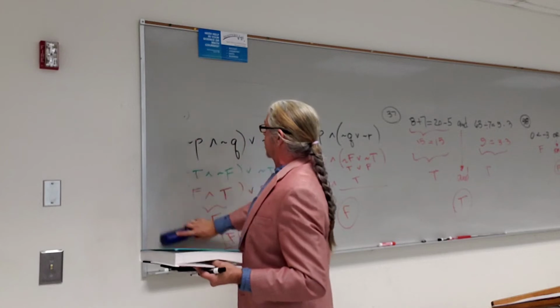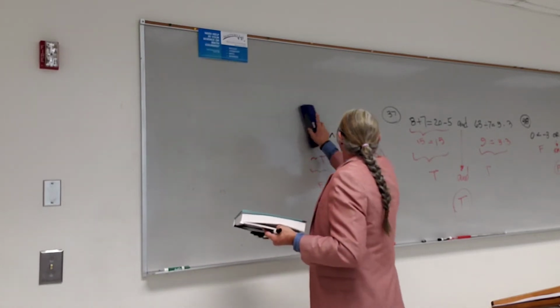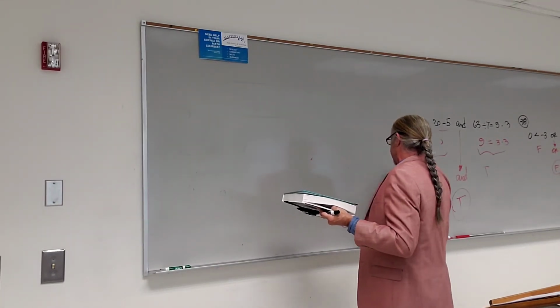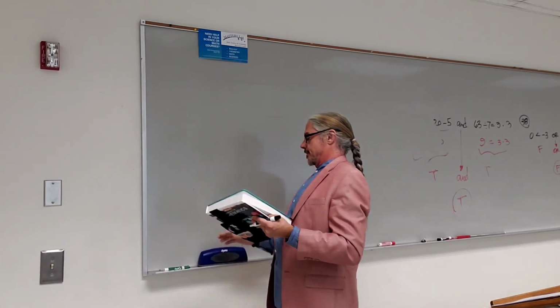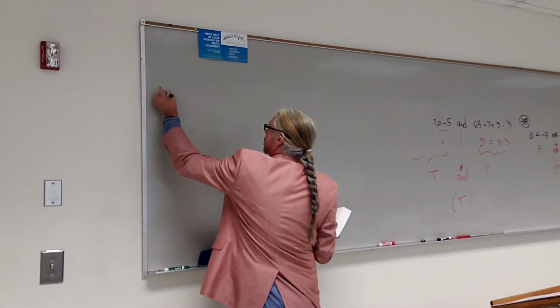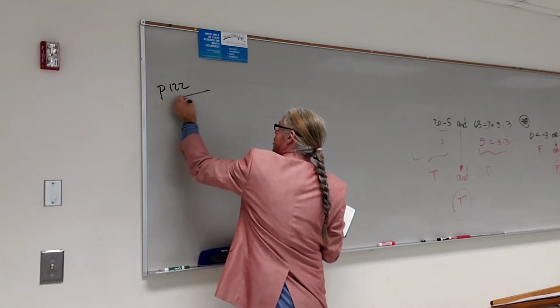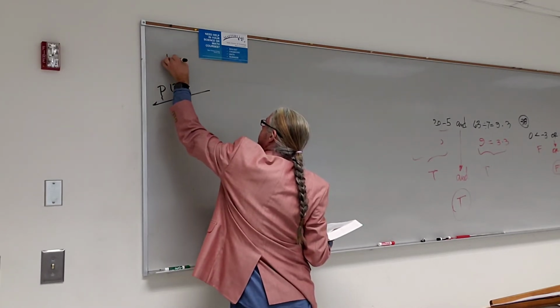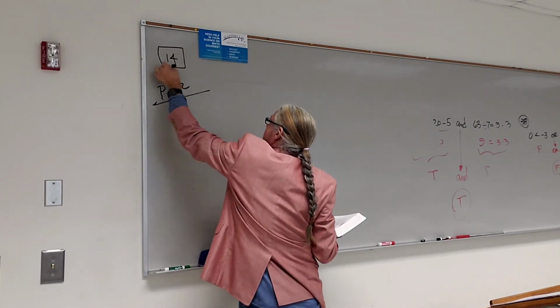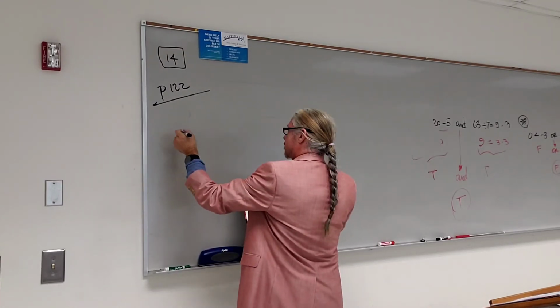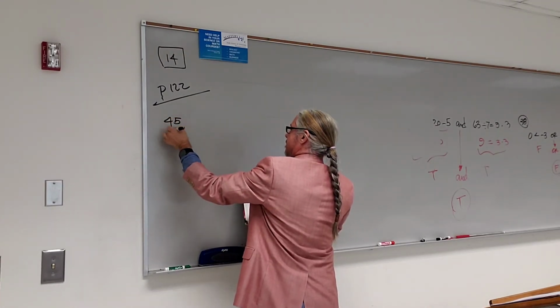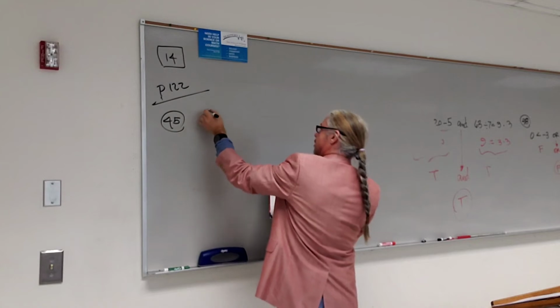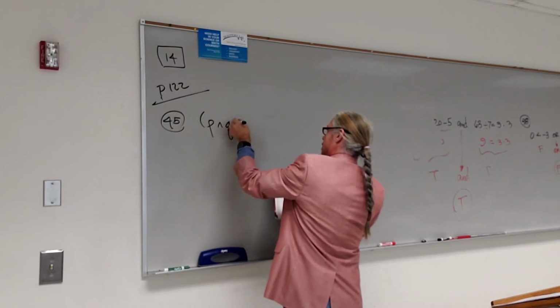Get the big fat eraser. Okay, so this is now page 122, still the same homework assignment number 14. Put a box. We're doing 122 and somebody asked for 45.